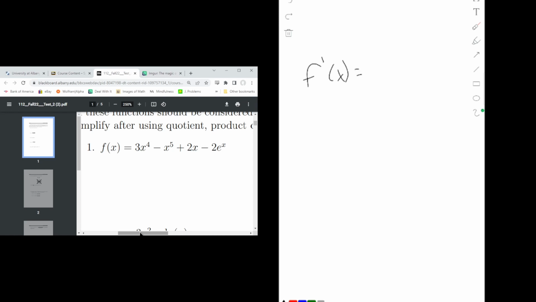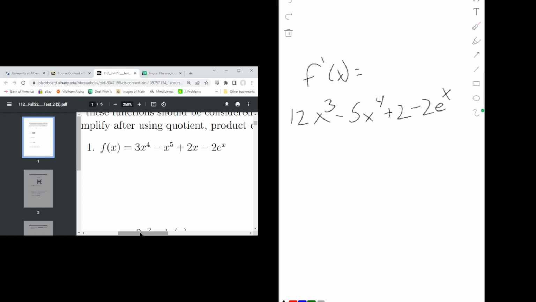So again, we use the power rule here. 3 times 4 is 12. 4 minus 1 is 3. Okay? 12x cubed minus 5x to the 4th plus 2 minus 2e to the x.